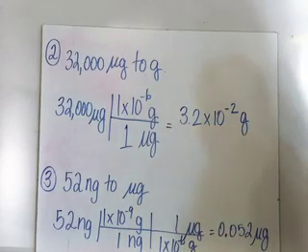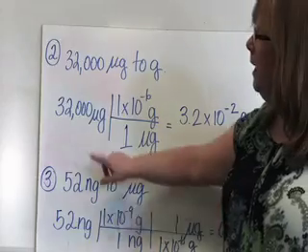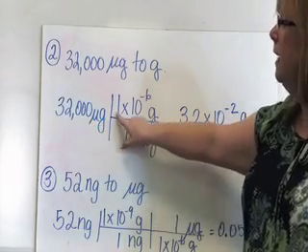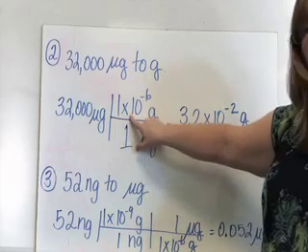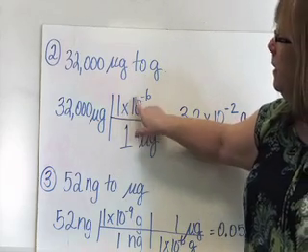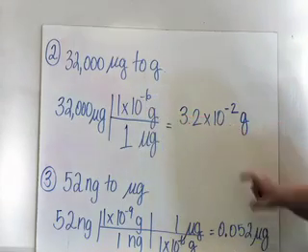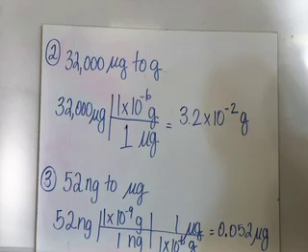Here what we're going to do is multiply 32,000 micrograms times 1 EE in your calculator, negative 6. And you come up with an answer of 3.2 times 10 to the negative 2 grams.